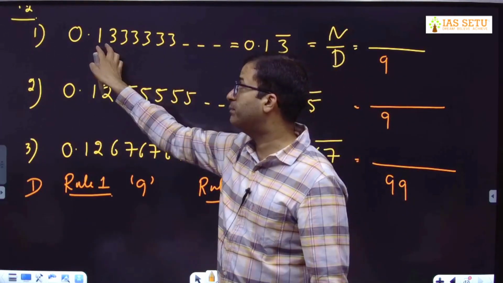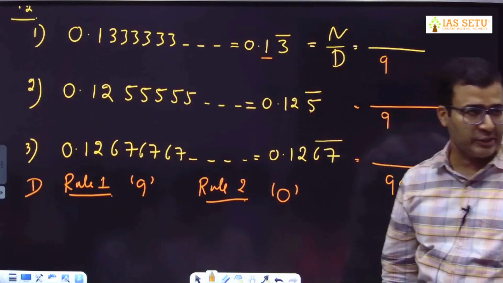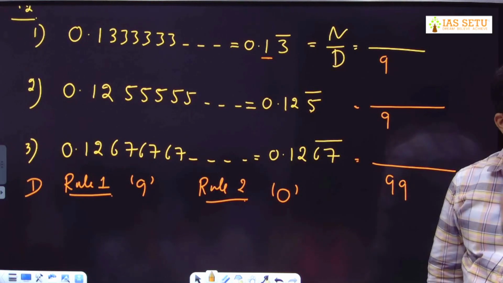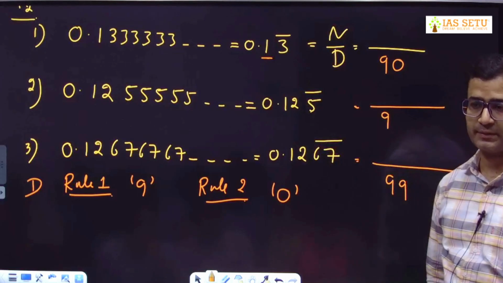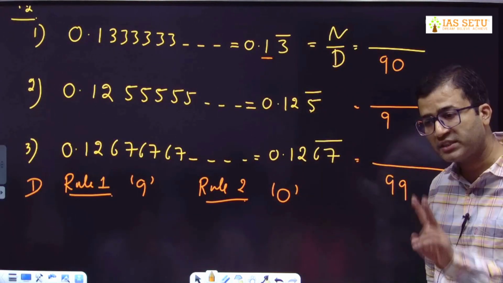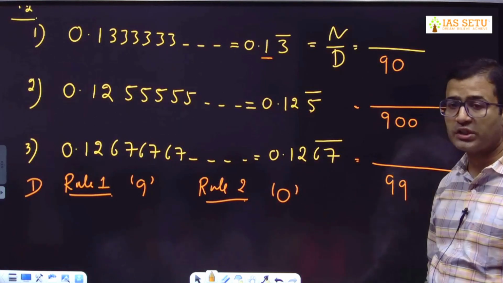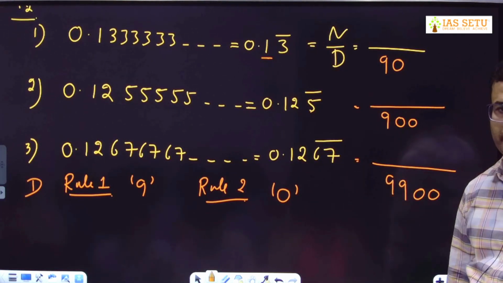There is a digit between decimal and recurring part that will become 0. As many 0s as many digits between decimal and recurring part. So we put 1 zero because there is 1 digit. In the second question, how many digits? 2. So you have to put 2 zeros. In third question, how many digits? 2. So here also you have to put 2 zeros.